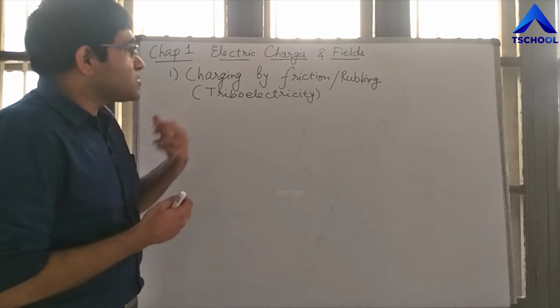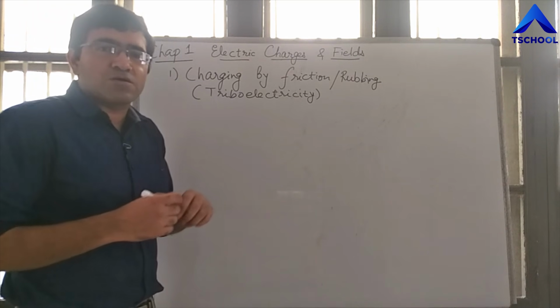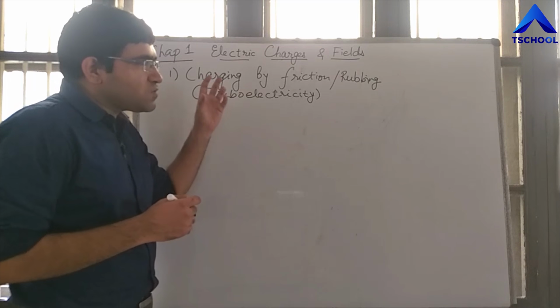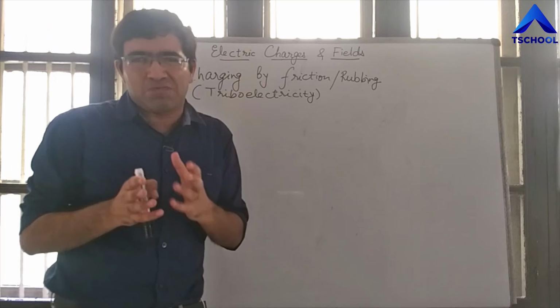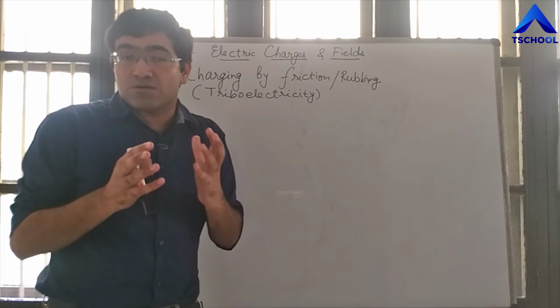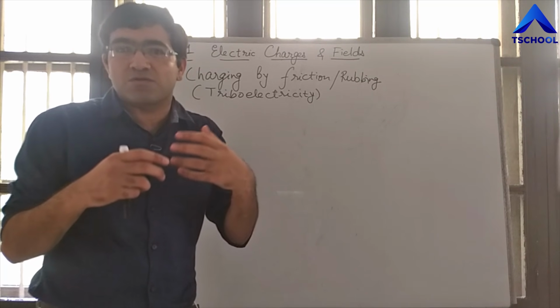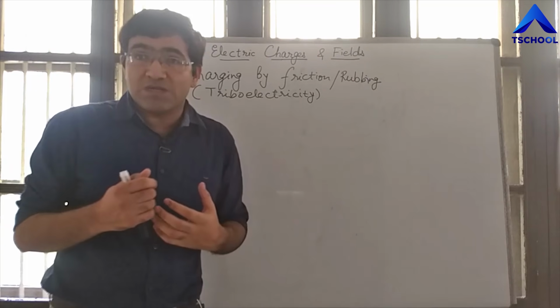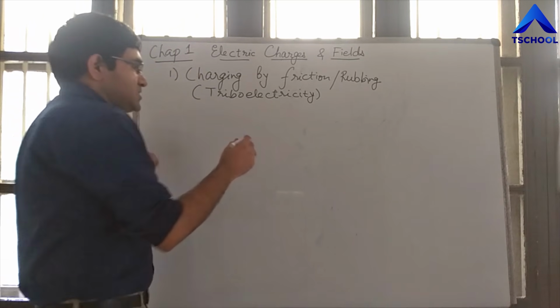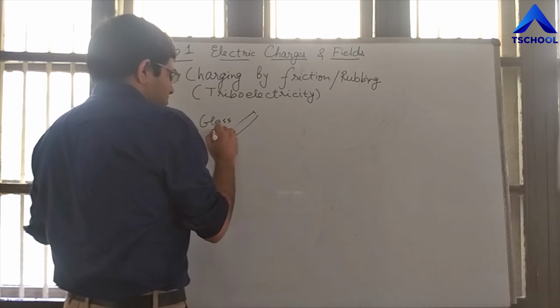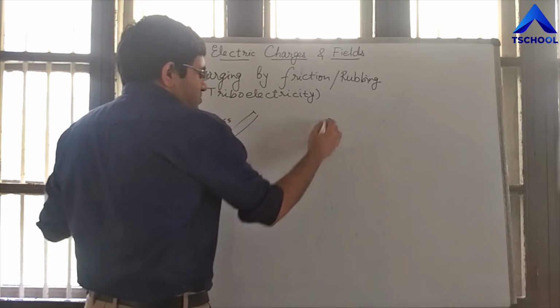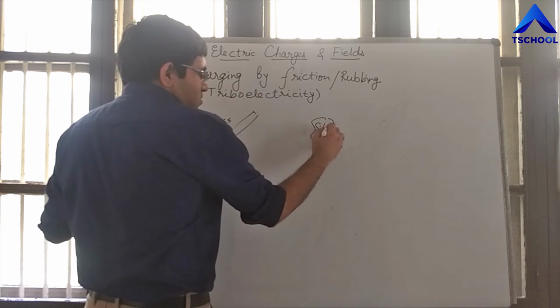Now what we are going to do is take a modern view of this one. Back in the 18th century people didn't know a lot about the structure of objects or atoms, but now we do. So for example, let's say that we have a glass rod and we rub it with a silk cloth.